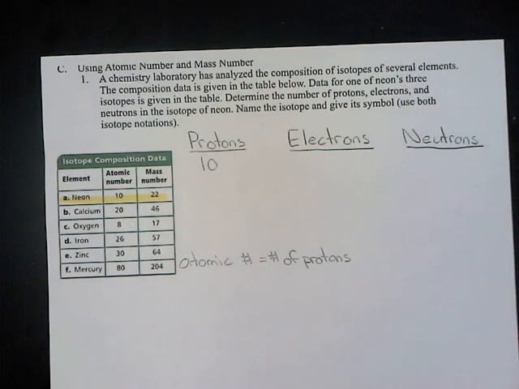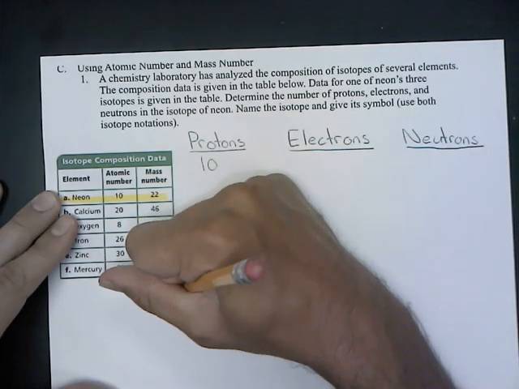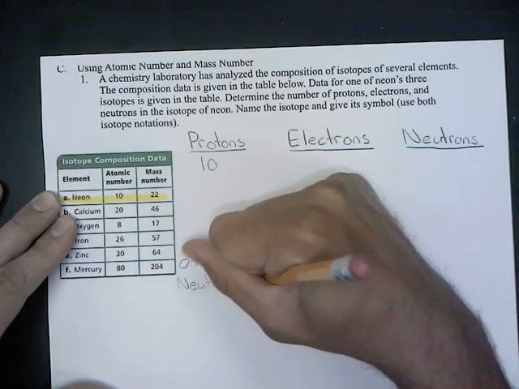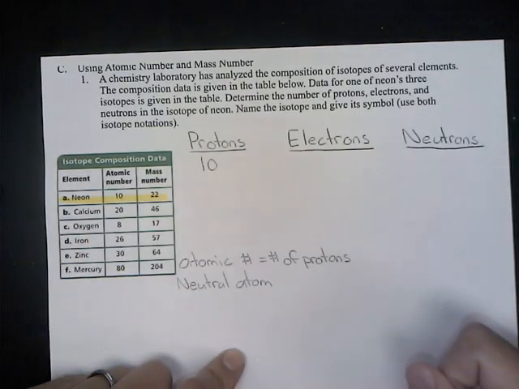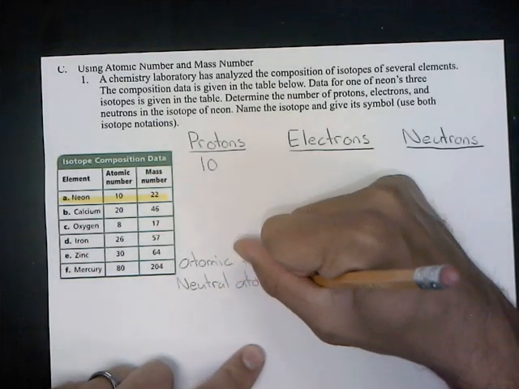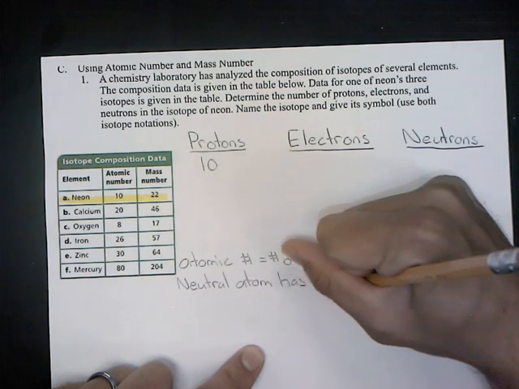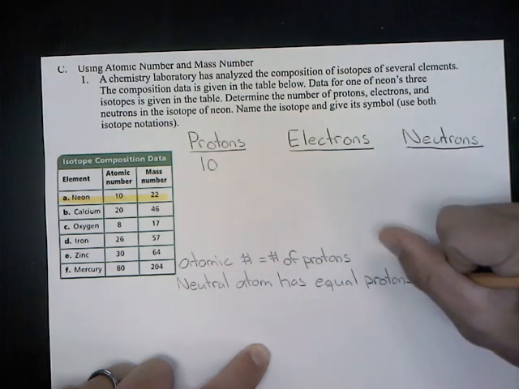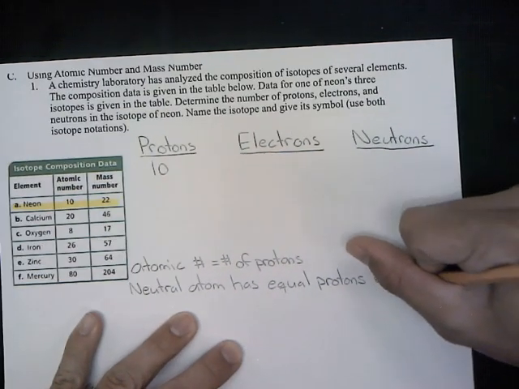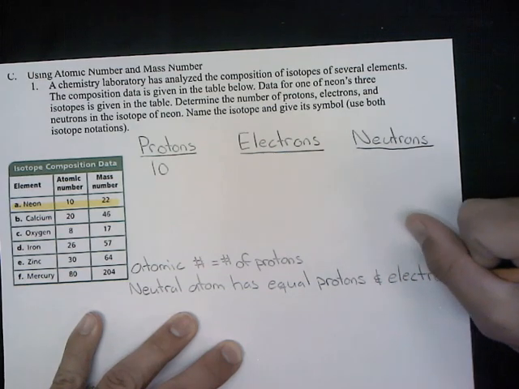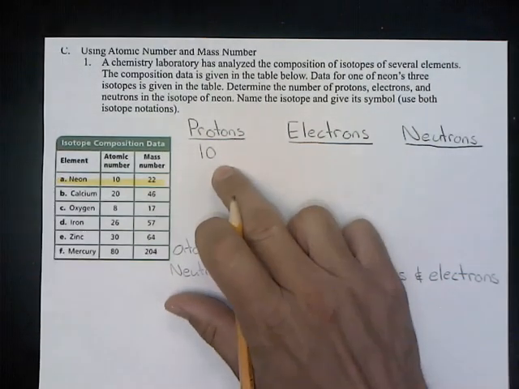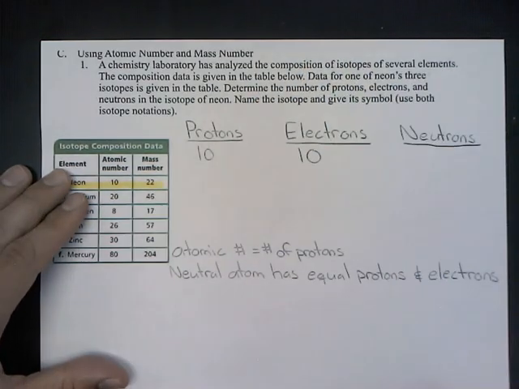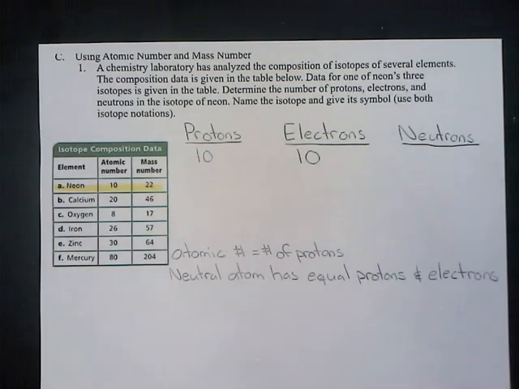Now, a neutral atom has equal protons and electrons. So the number of protons is equal to the number of electrons, so we can also put that down as 10. And the number of neutrons is what we're going to have to calculate.